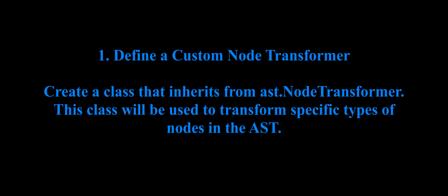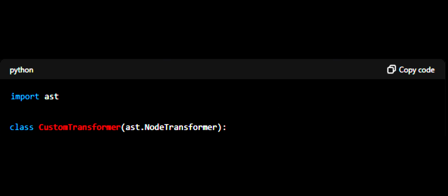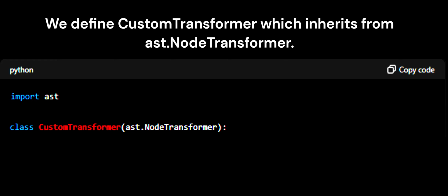Define a custom node transformer. Create a class that inherits from ast.NodeTransformer. This class will be used to transform specific types of nodes in the AST. import ast; class CustomTransformer(ast.NodeTransformer). We define CustomTransformer, which inherits from ast.NodeTransformer.